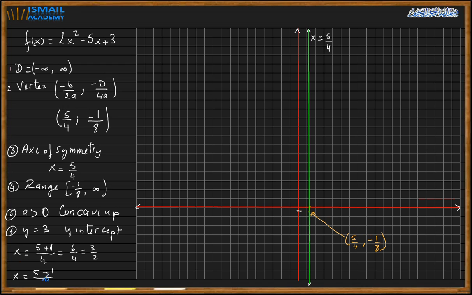So my x-intercepts are 1 and 3 over 2. Let me draw them now. So this is my 1. Let me use color number 3.